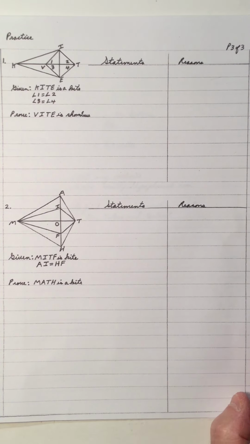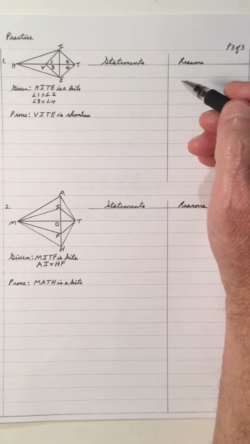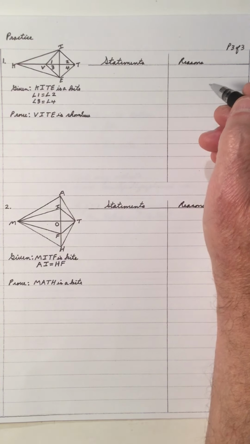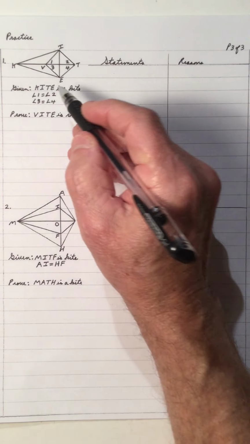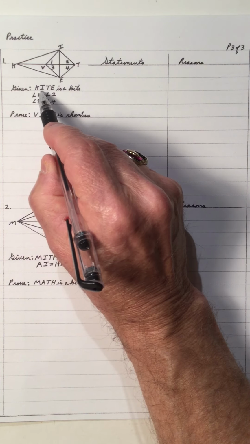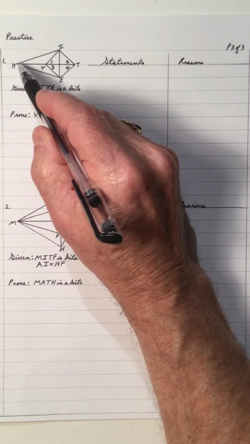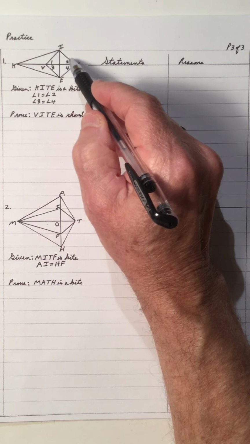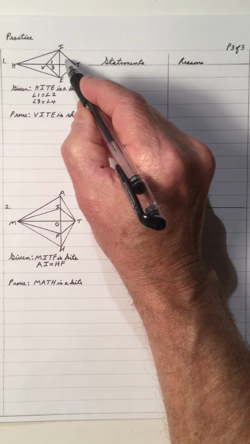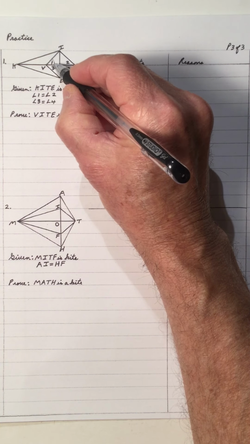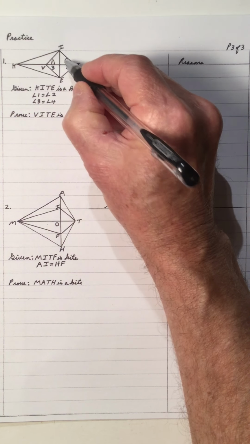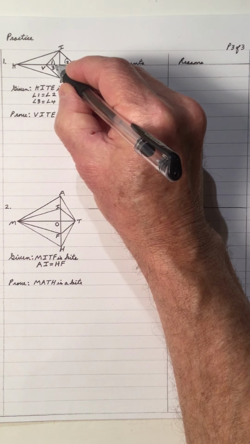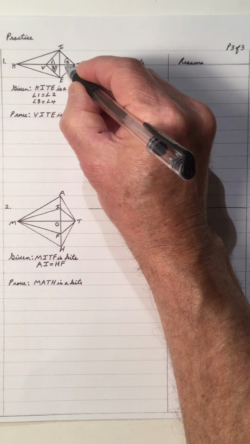Okay, hopefully you have the diagram done, you had the proof done if you wish. Here we go. We're given that KITE is a kite. Angle 1 equals angle 2. Mark them. Angle 3 equals angle 4. We'll mark them with 2 strokes.